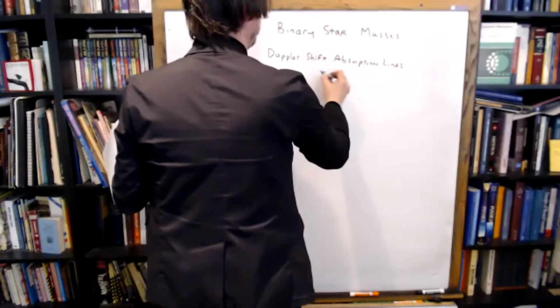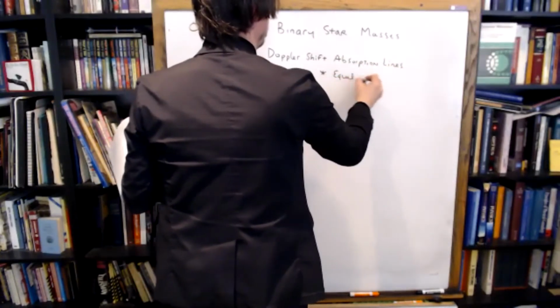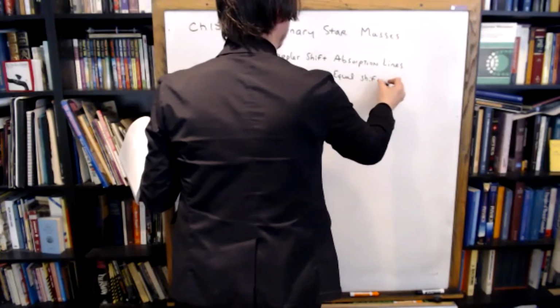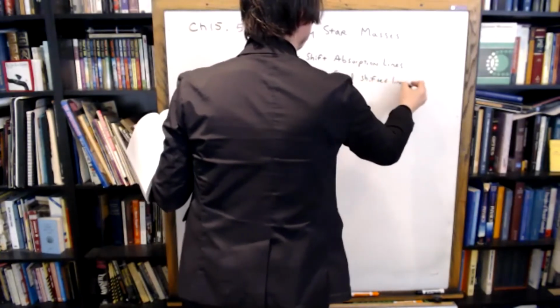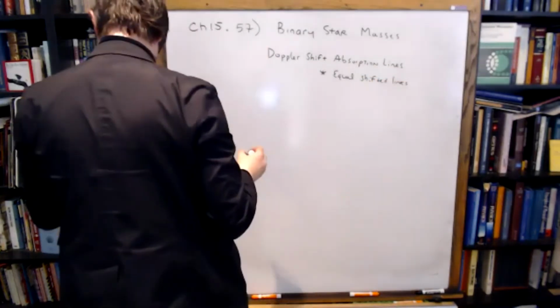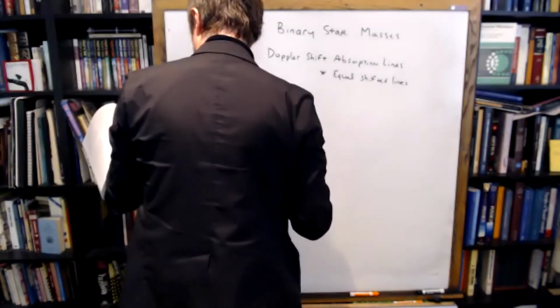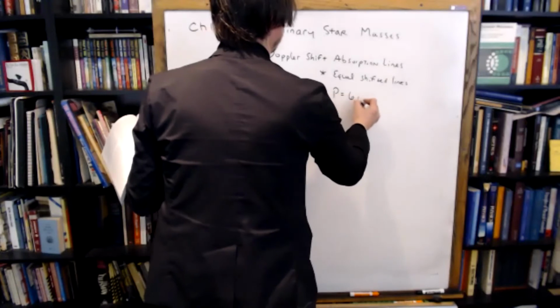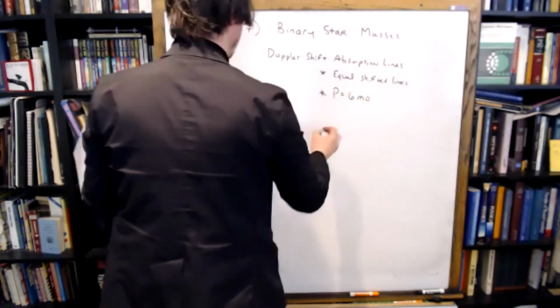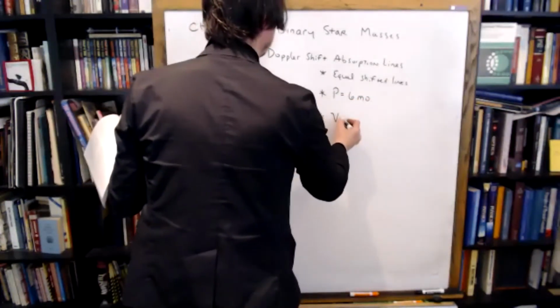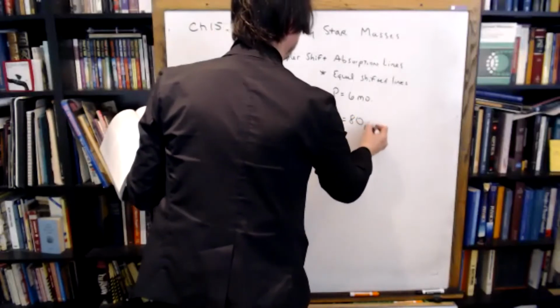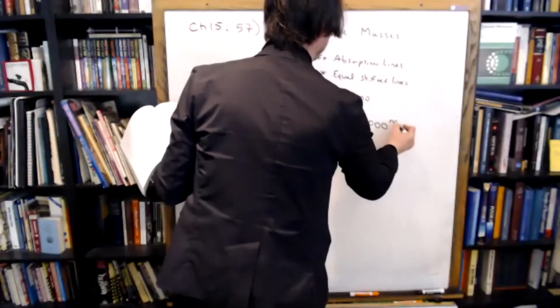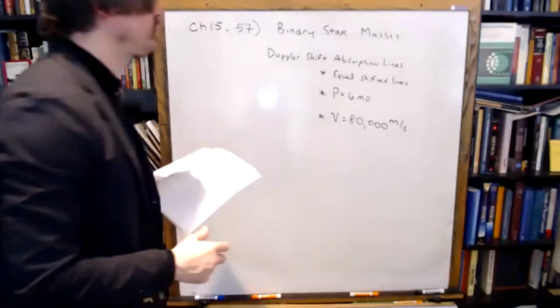And they tell us that we have equal shifted lines. That's one of our givens. They tell us that the period is 6 months. And they tell us that the velocities of the two stars, when you apply the Doppler effect, is 8,000 meters per second.